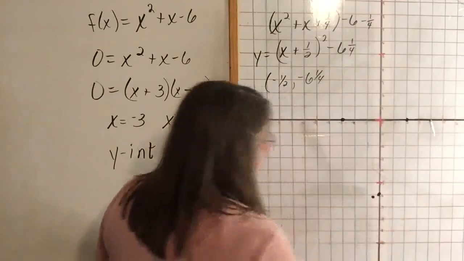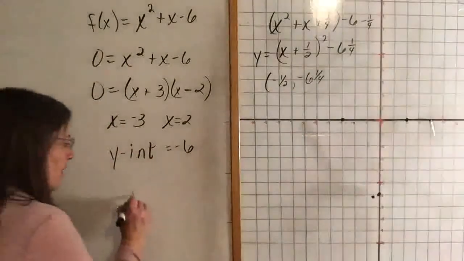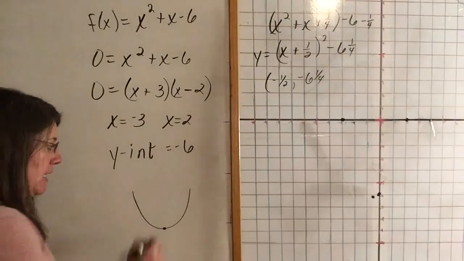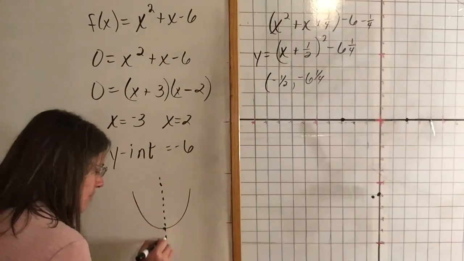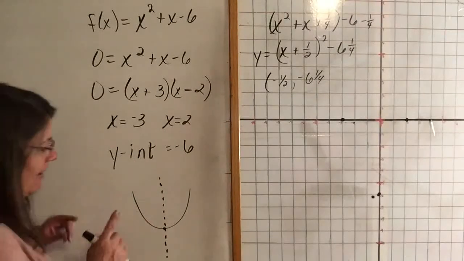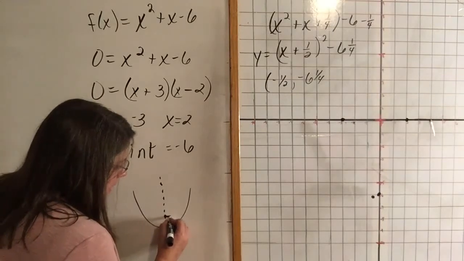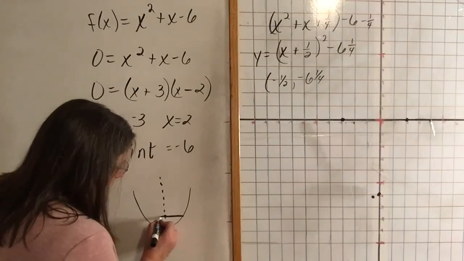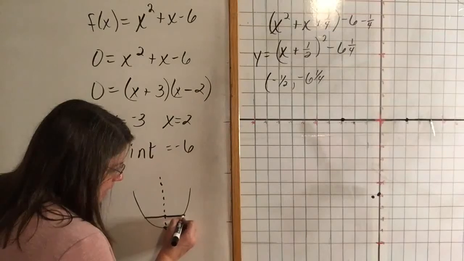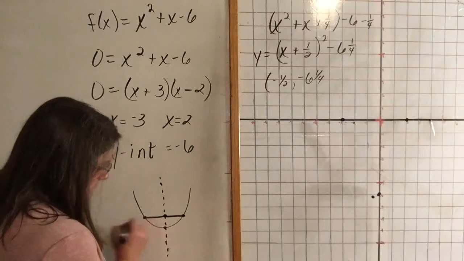Now, whenever we have a parabola, if you think about the nature of a parabola, if the vertex is the lowest or the highest point, there's something called an axis of symmetry that goes through that vertex point. And that axis of symmetry makes every point on the parabola equidistant to the point on the other side. So this point here is the same distance to the axis of symmetry as this point is.